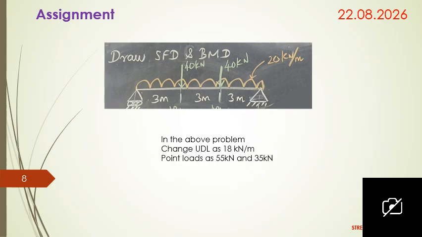So change the 20 kilonewton per meter UDL into 18 kilonewton per meter, and instead of 2 point loads, that is 40-40, you can change the values. That is, first 40 kilonewton as 55 kilonewton, the second 40 as 35 kilonewton. You can solve the problem and upload your solution in a PDF format in CMS. Thank you.